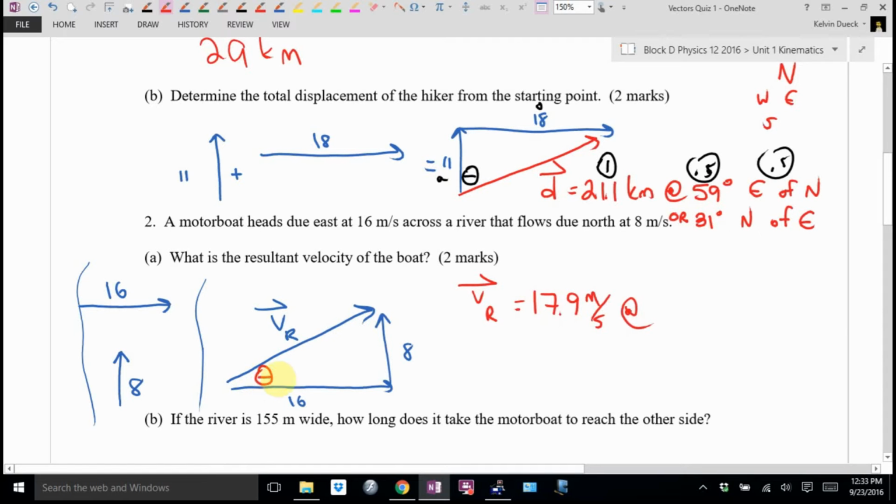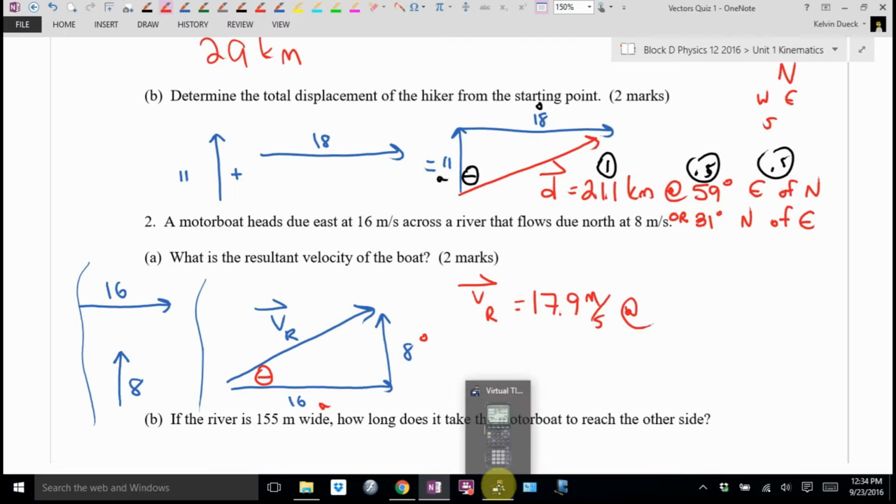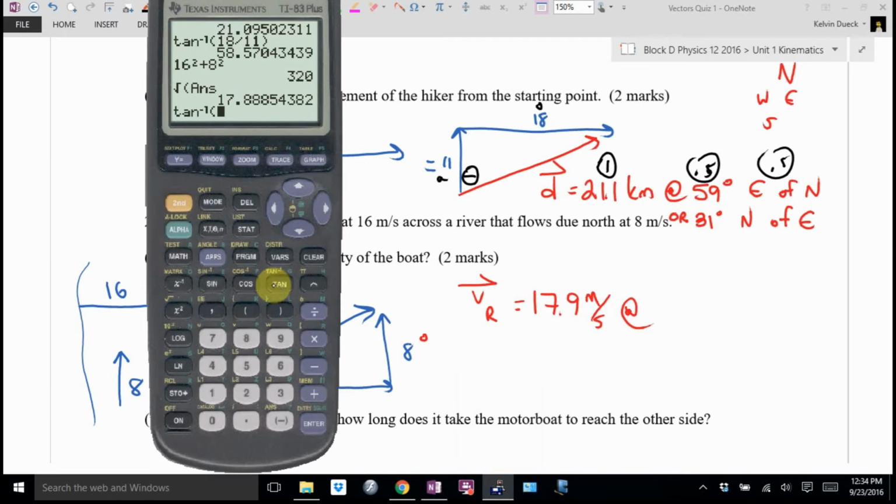There's angle theta, opposite, adjacent, shift tan. Is it always shift tan? Often. When isn't it shift tan? If the resultant isn't the hypotenuse. We looked at a couple of weird ones where that was the case. Shift tan of 8 over 16. I'll call that 26.5. I'll call it 27 degrees. If you went 26.6, that's fine.